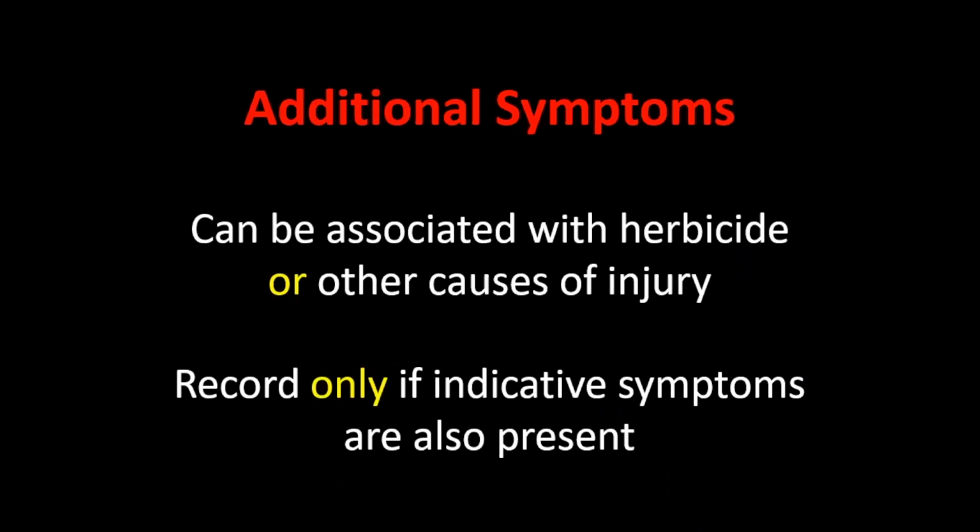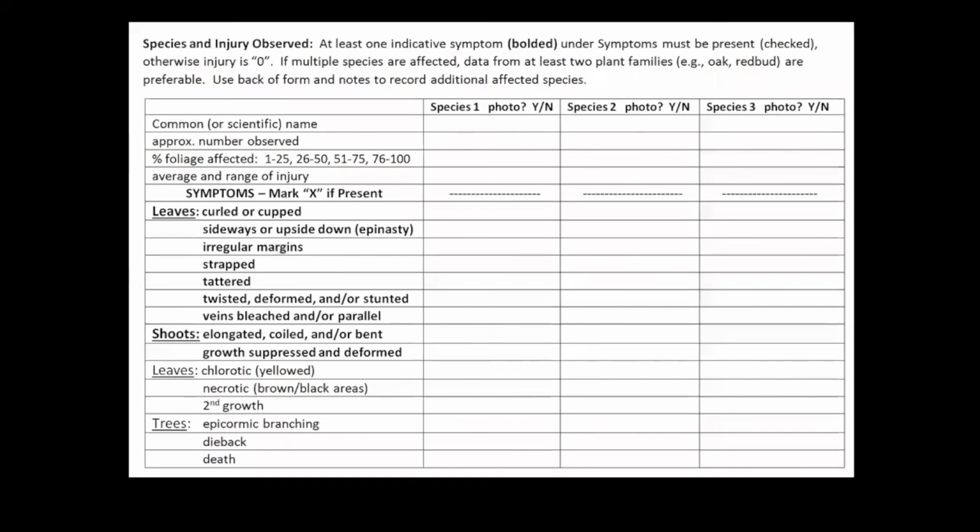We only record additional symptoms if indicative symptoms are also present. And hopefully that will make sense as we go through these symptoms. Okay, so on the form, we have these organized in the following way. This particular section of the form that we've just outlined here is the place where we list the symptoms, both indicative and additional, and where we would record in the field whether or not these are present or not.